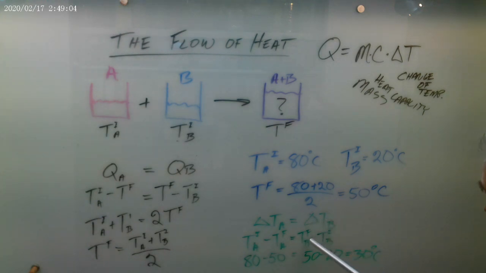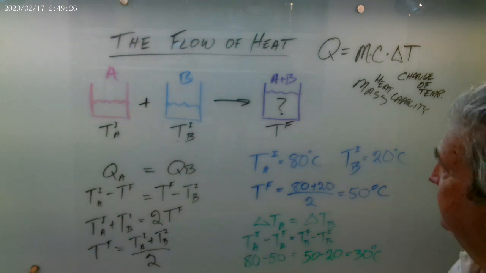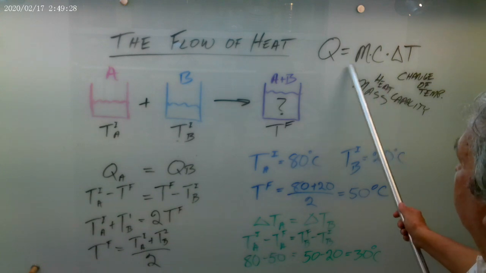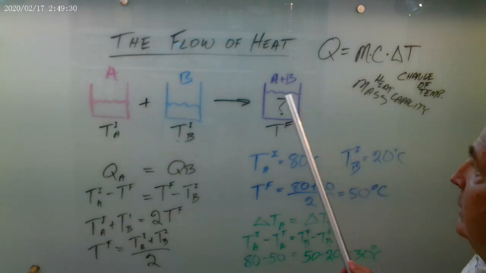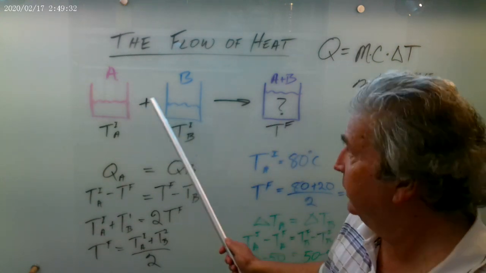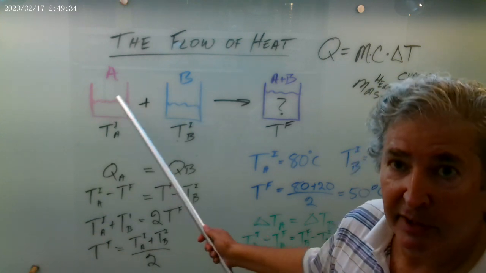For sample B, the final temperature was also 50. The initial temperature was 20. If we do the arithmetic, we see a similar result for both delta T's of 30 degrees. Again, the change is always positive. So this verifies the fact that this equation works, at least in the case where we're using the same materials in the same amounts of materials.